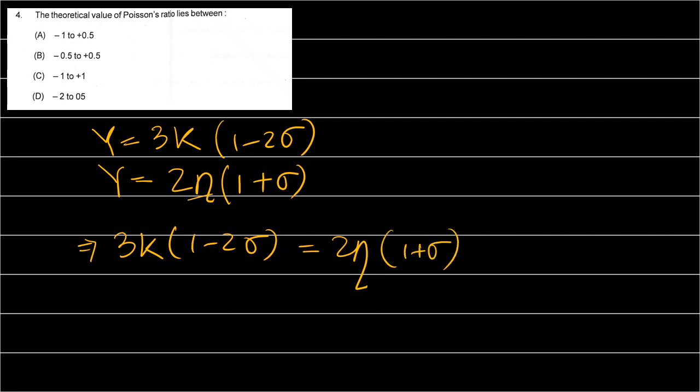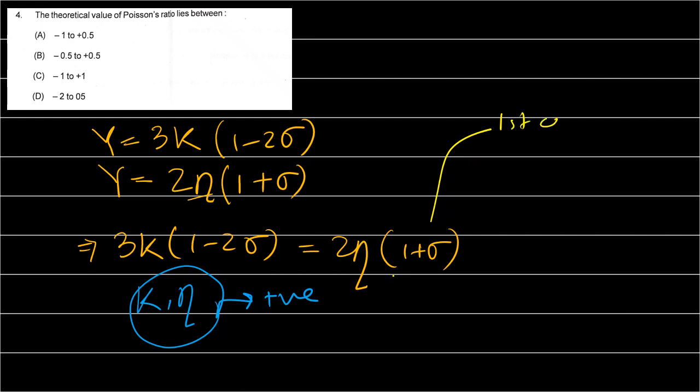Now another point is k and eta, they both are positive quantities. So now there can be two cases: either sigma is positive or sigma can be negative. First case is sigma greater than 0.